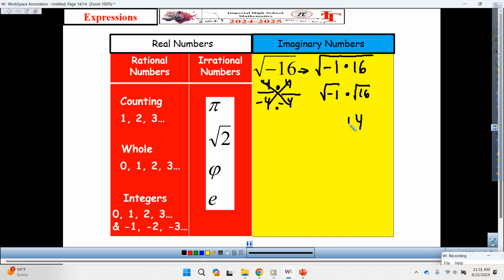And we said it could be positive or negative, okay. However, we're left with this. From now on, whenever you end up with a square root of negative 1, that's what we call the letter i. What does i stand for, everyone?